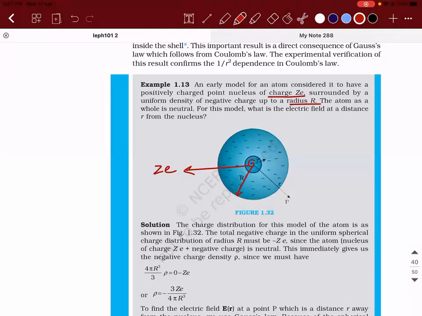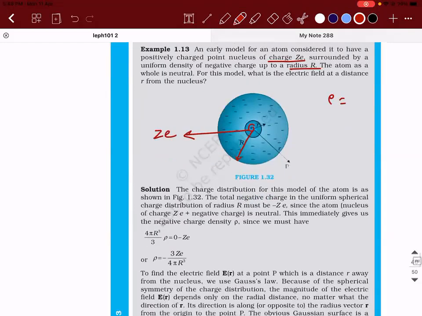Now, what is the type of charge density you can define for this kind of a scenario is what my question is. What is the type of charge density you can define? Huh? That's what I did. So what is that? Volume charge density. Volume.